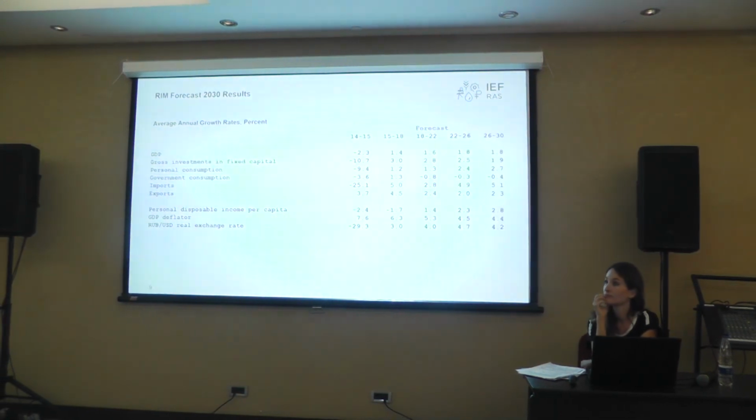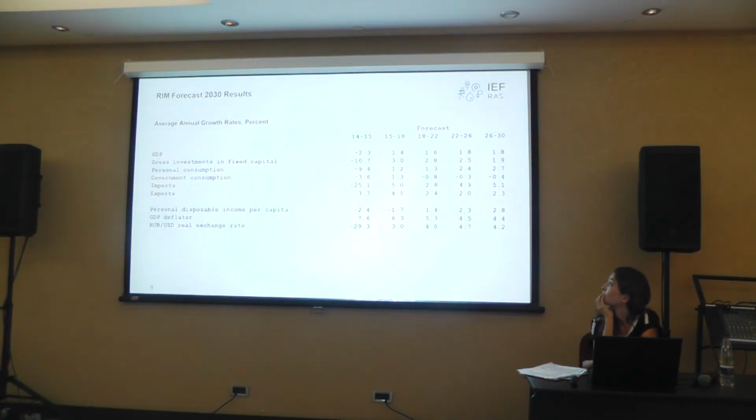At the Institute of Economics, we made a lot of forecasts, and if the Russian economy has economic growth, usually the growth rate of investments in fixed assets is 2 times higher, sometimes more, as compared with the growth rate of GDP.